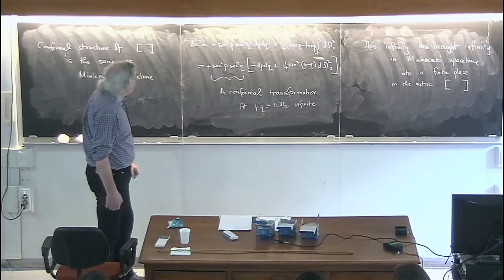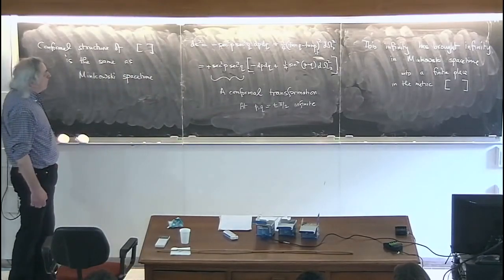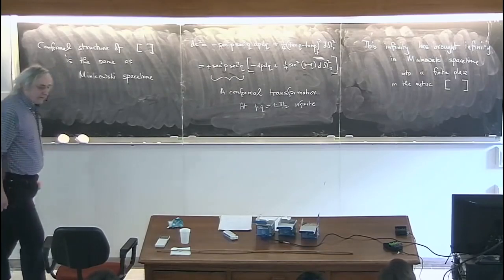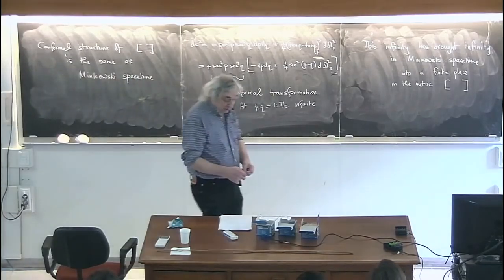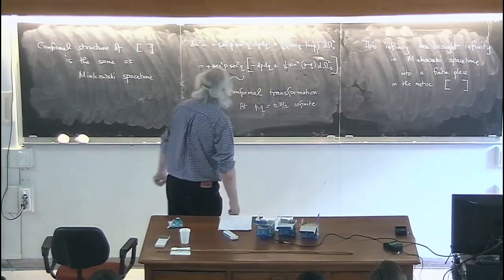Except now we're just looking at some finite region. So what is this finite region? The easiest way to understand this is to go back to looking at a sort of time-like coordinate and a space-like coordinate.